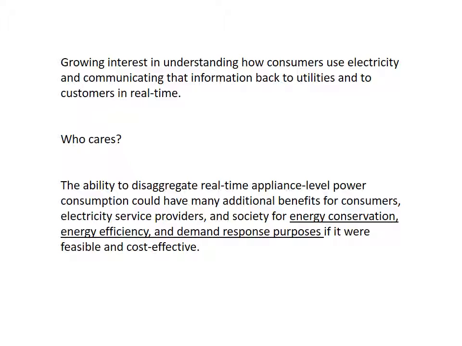But it could also tremendously benefit electricity service providers and help come up with more targeted programs to employ energy efficiency and especially demand response. Demand response is this idea that utilities would pay customers for a service of reducing electricity consumption during certain periods of the day in order to save money, basically, or potentially to help integrate renewable energy resources.